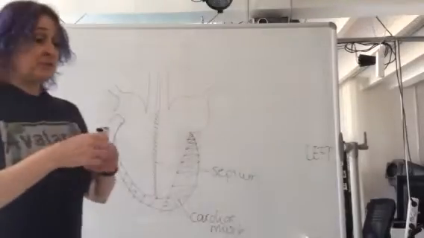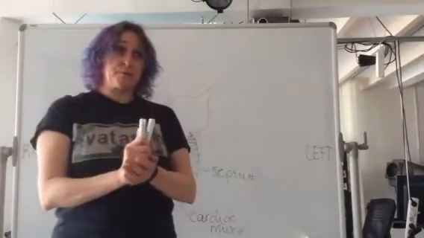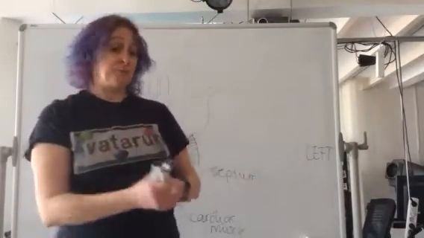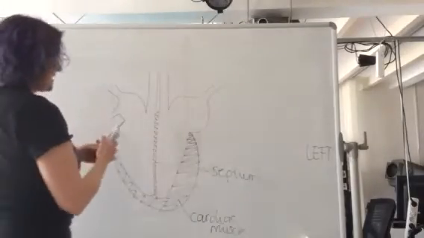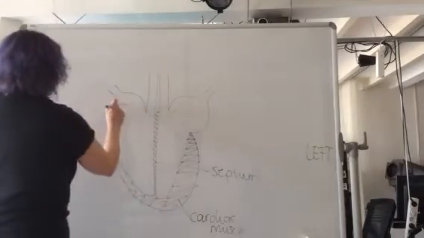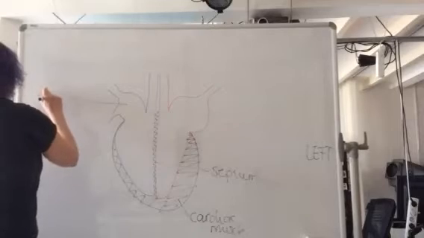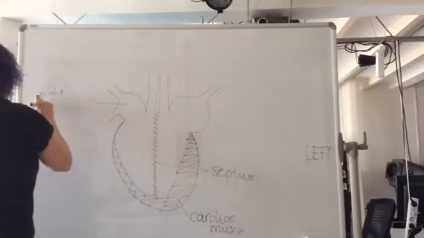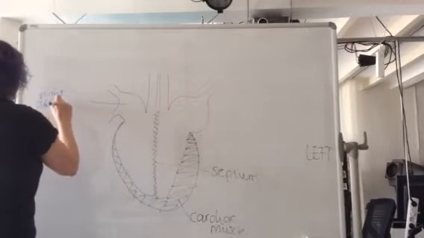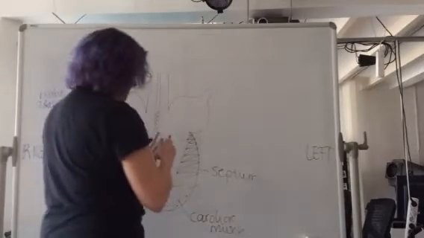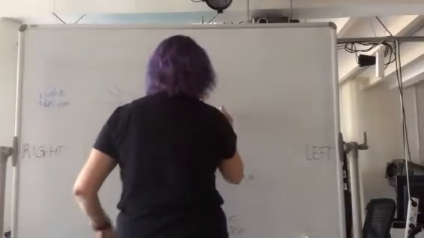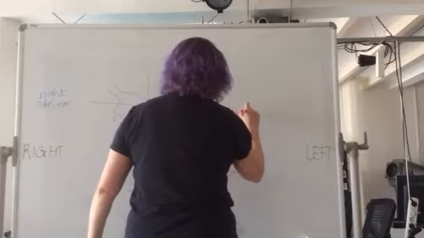Now, I already mentioned that the heart contains four compartments, two atria, two ventricles. So we have the atria on top. This is the right atrium. And over here is the left atrium.